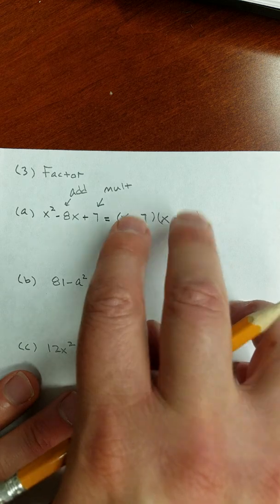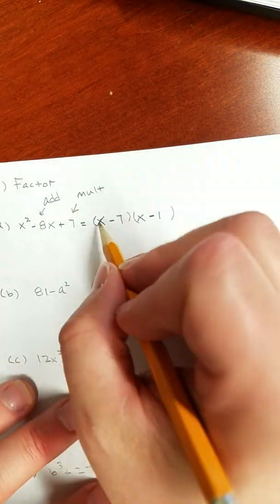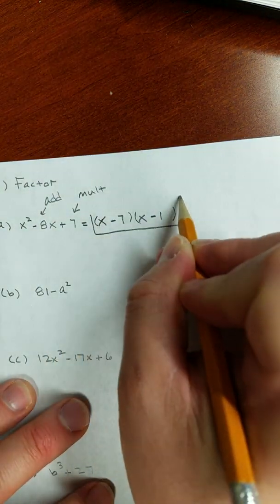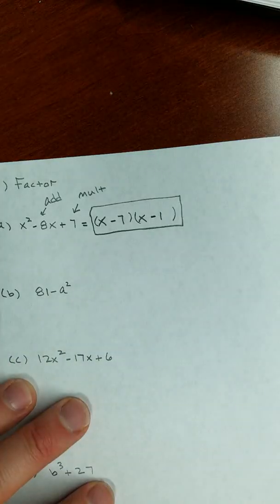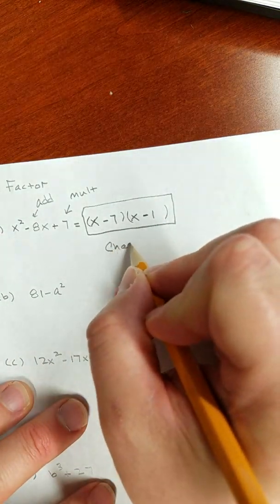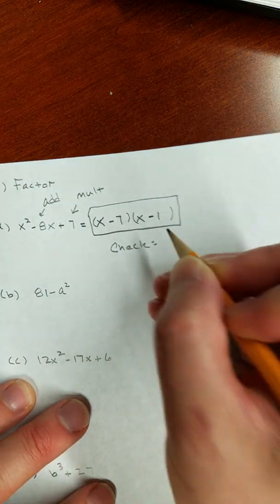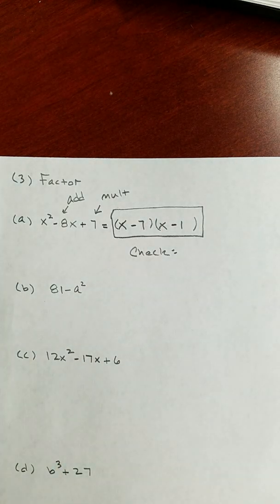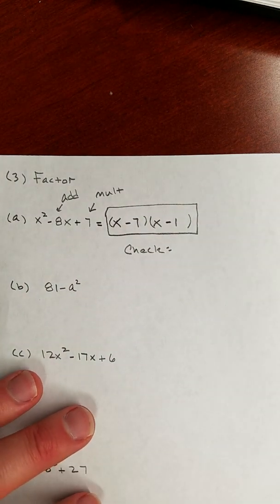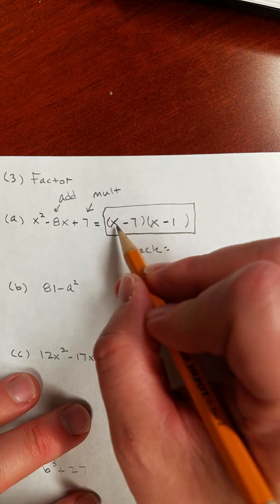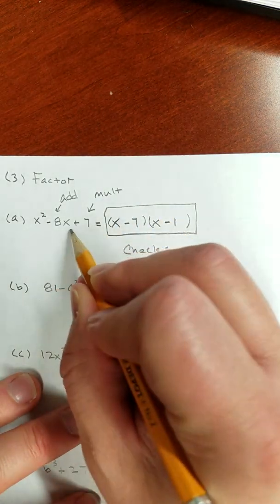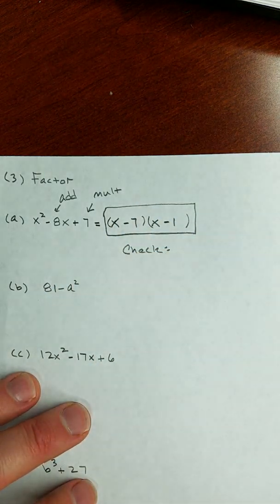Negative 7 plus negative 1 is negative 8. Now that alone is definitive that this is right. Of course, you can check it. We just learned how to multiply, so you should know how to assure yourself that the answer is right. If this is right, when I multiply it out, I should get that over there. So there's really no reason to have any doubt about it.